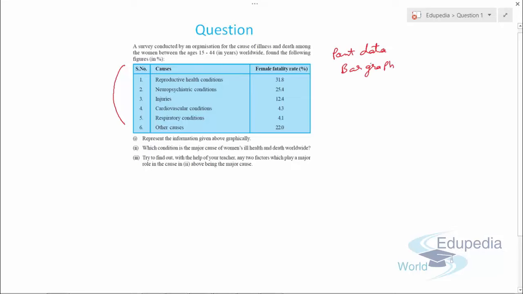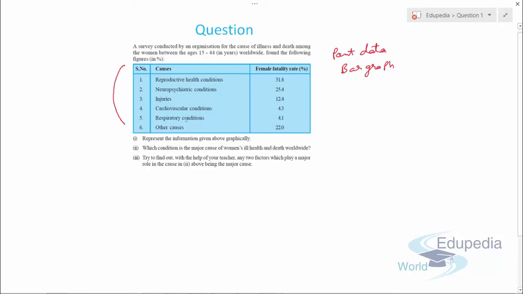Unless it is specified, from the data you can see what kind of graph we can draw. In this question, it says to represent the information given above graphically. It's not mentioned, so from the data we can infer that we need to draw only a bar graph because it's point data.